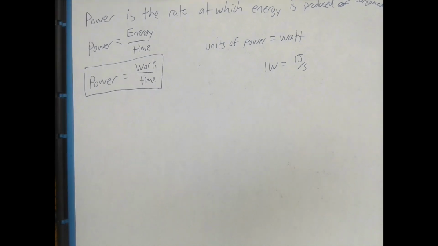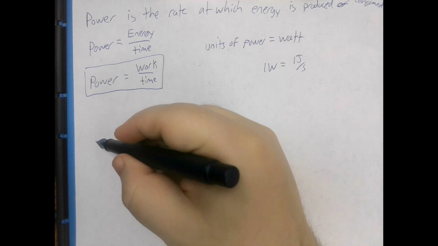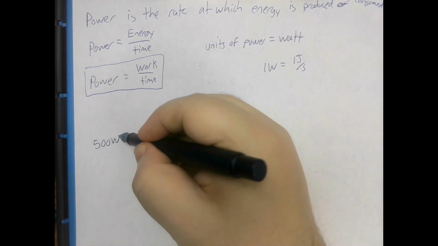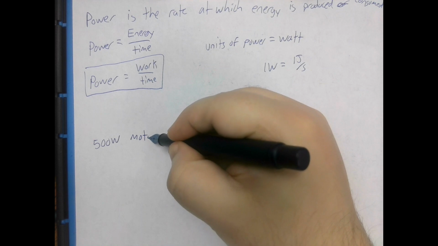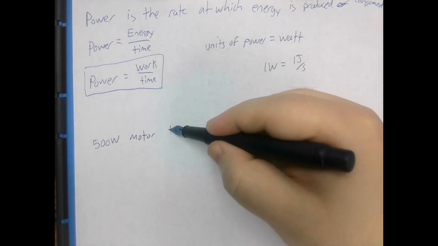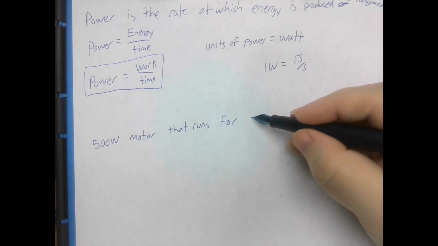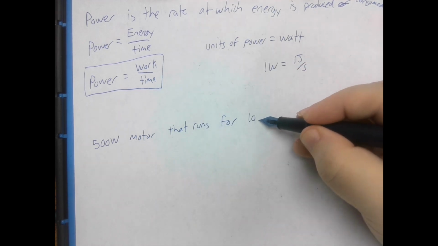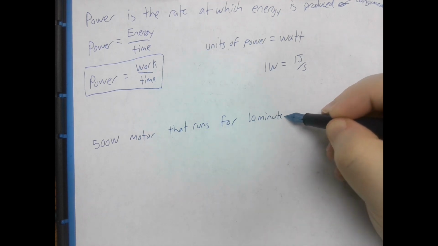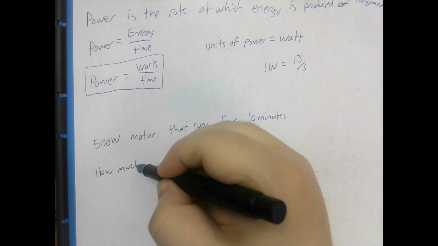So, for example, let's say we have a 500 watt motor that runs for 10 minutes. How much work did the motor do?